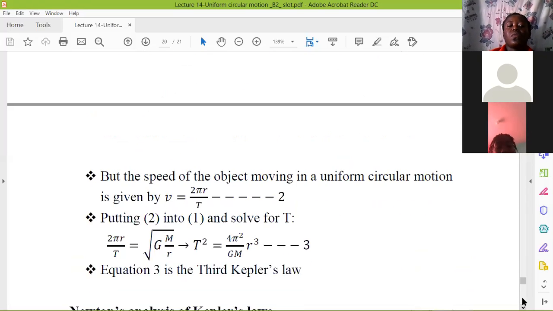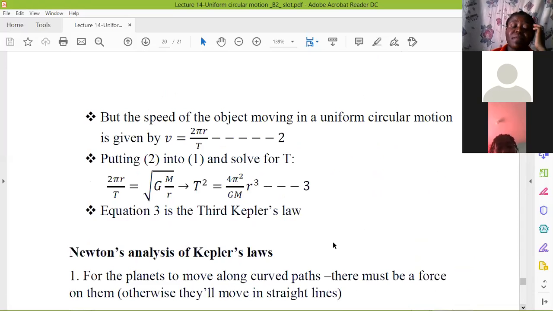Remember, from our previous discussion the speed is given by 2 pi times the radius divided by the period it takes.